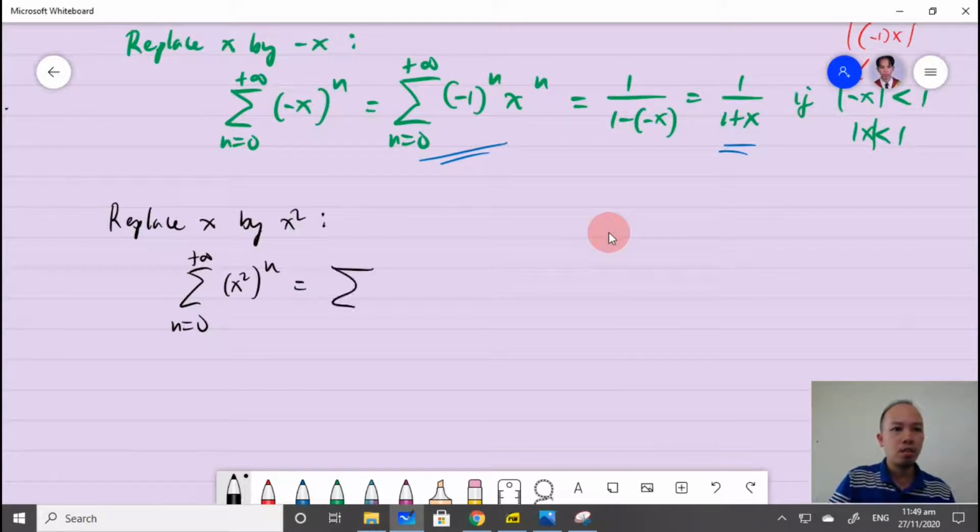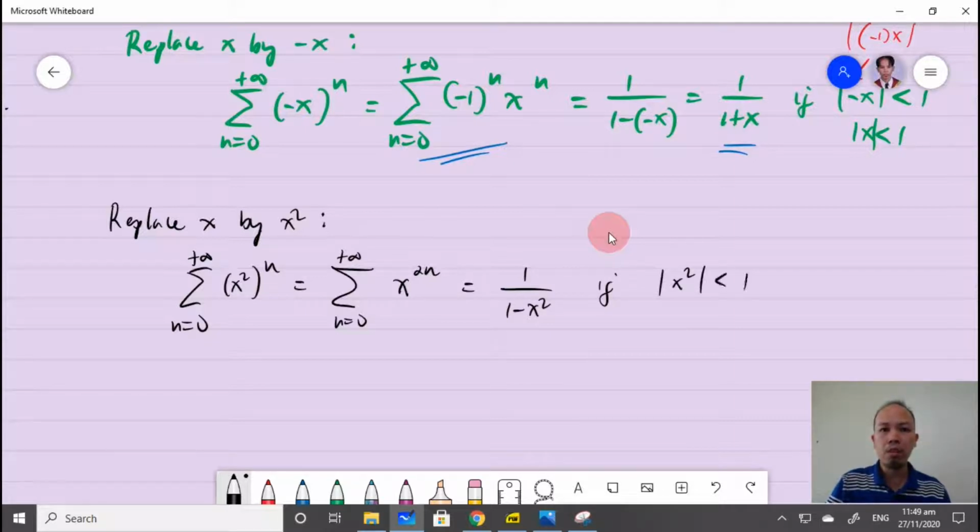So this is equal to 1 over 1 minus x squared.